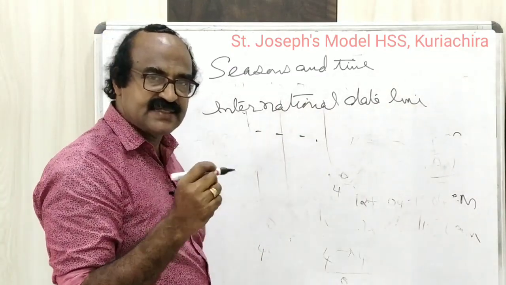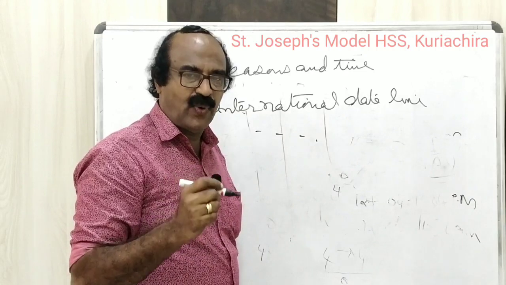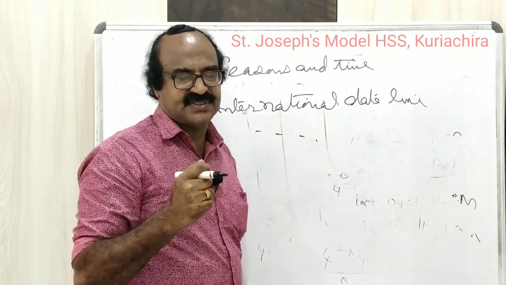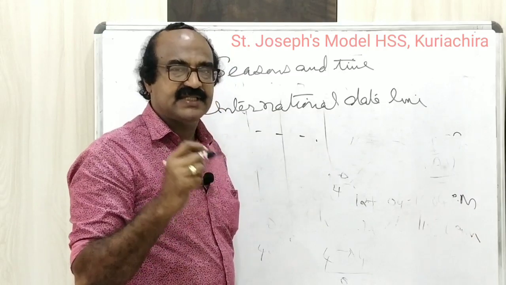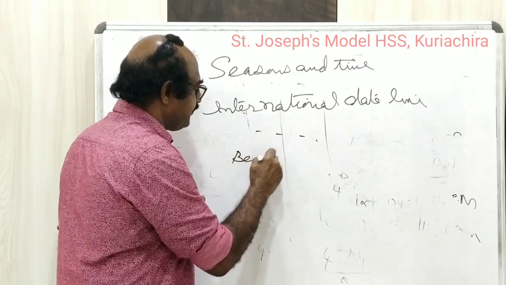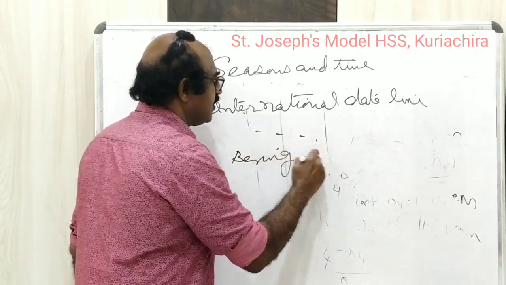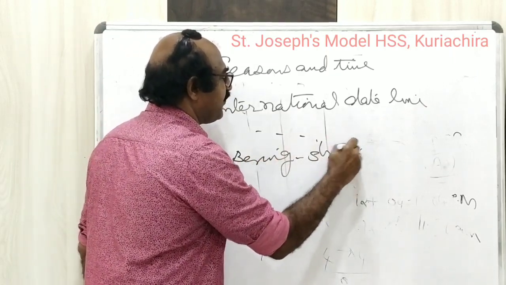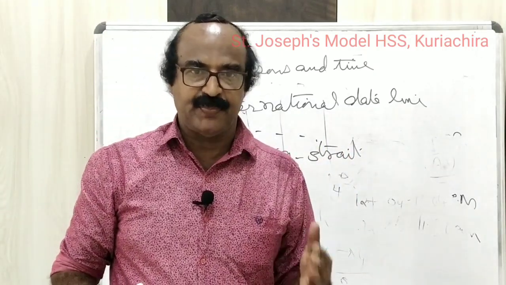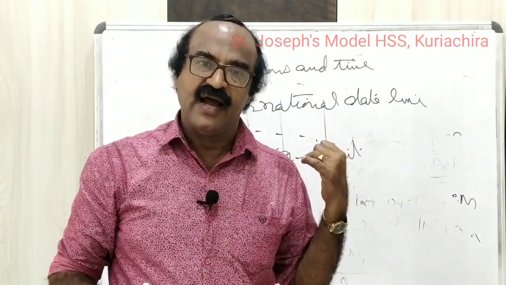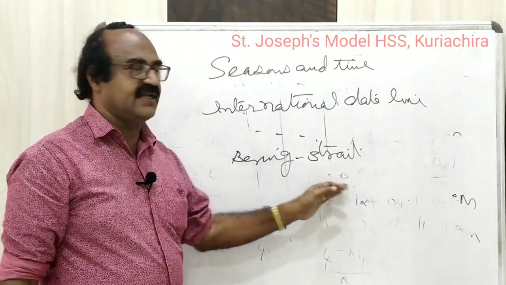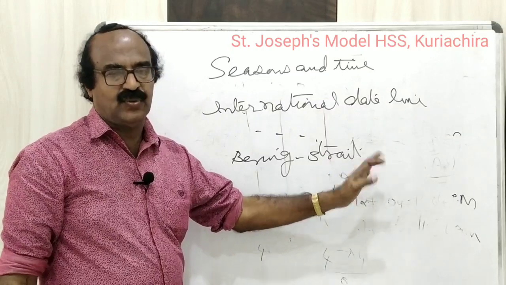It is arranged in such a way to avoid some of the inhabited islands in the Bering Strait of the Pacific Ocean. What does inhabited mean? People who are living on the islands. That is inhabited.